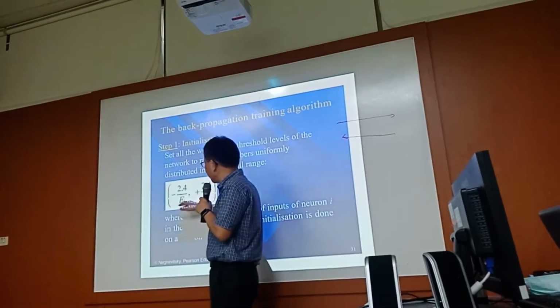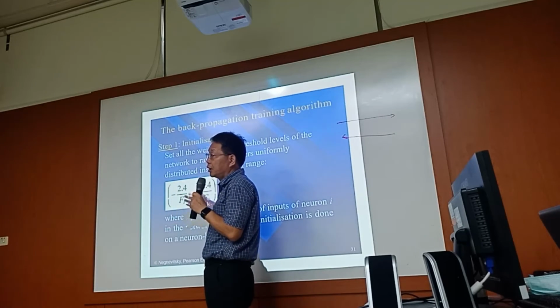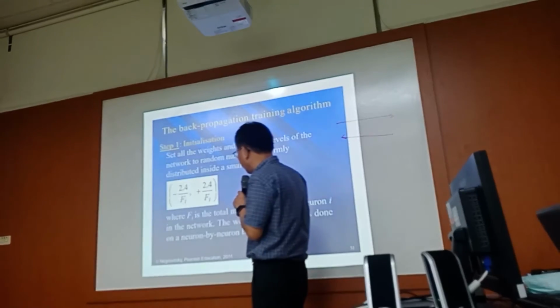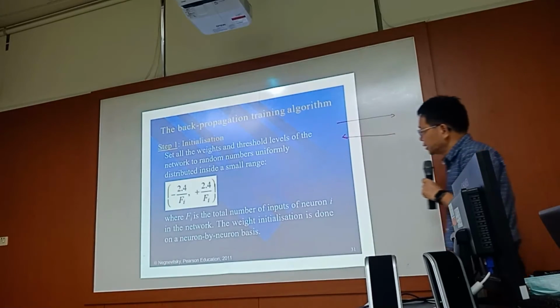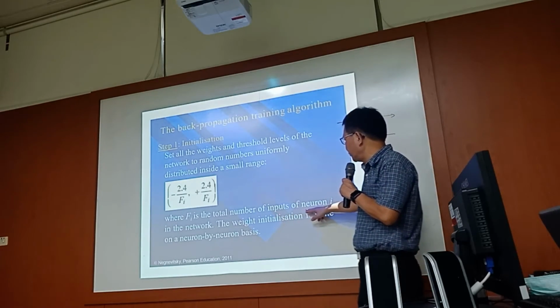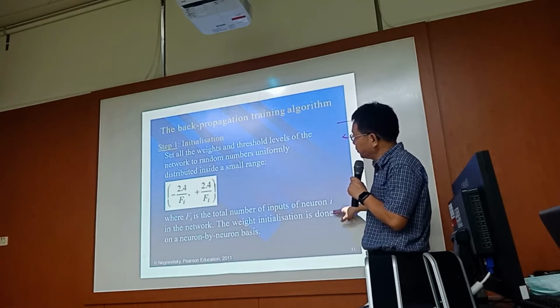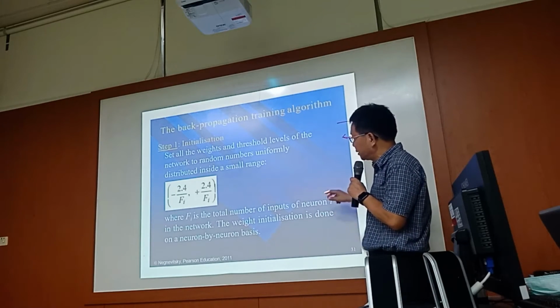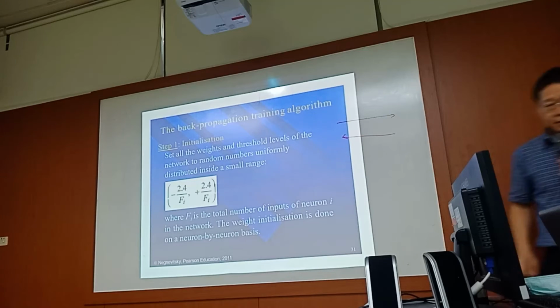Here he said the weight is in this range by random, and Fi is the number of inputs.